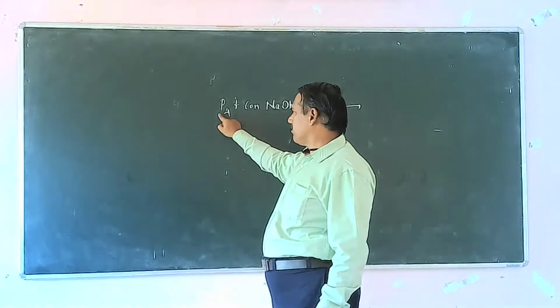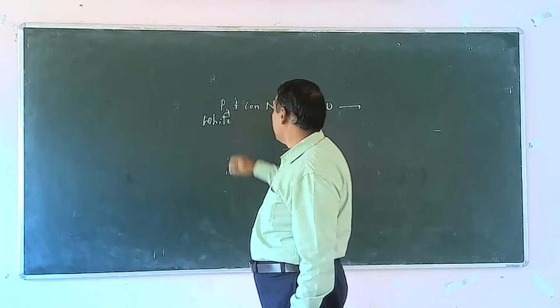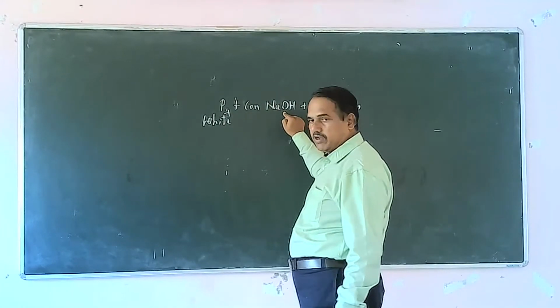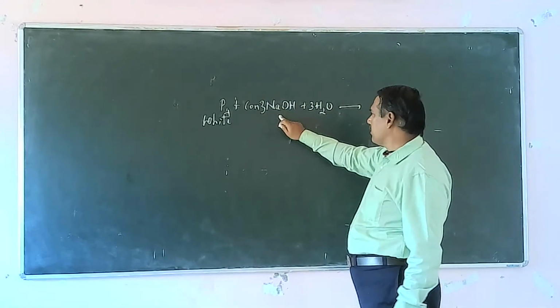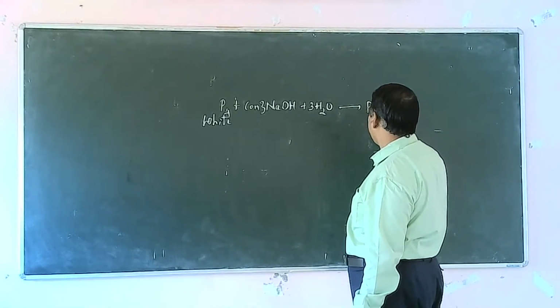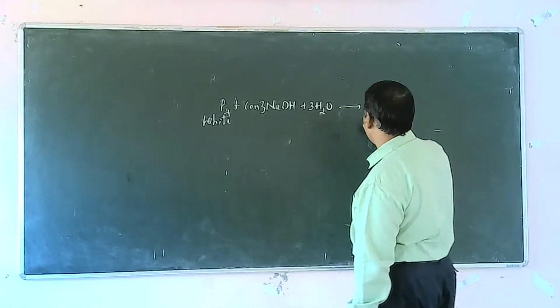You can see, this is the white phosphorus. When it reacts with a concentrated solution of 3NaOH and is boiled, you will get phosphine gas, PH3 gas. Again, we have to study phosphine gas.